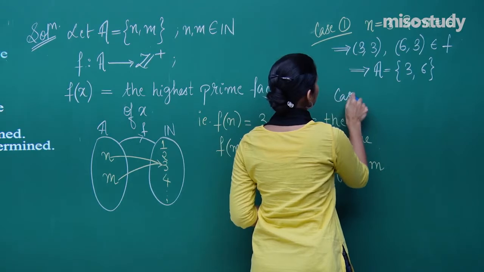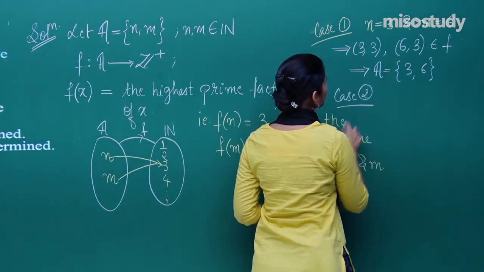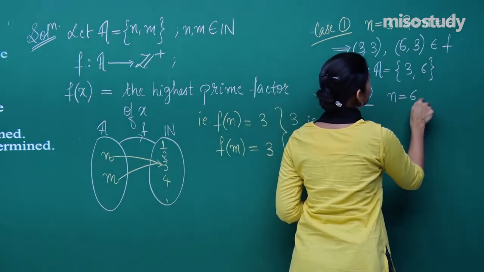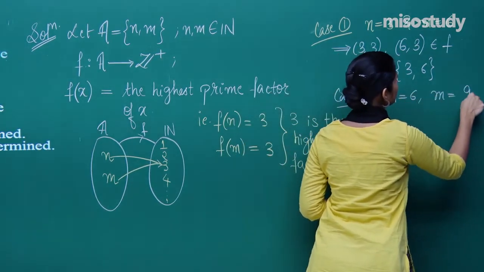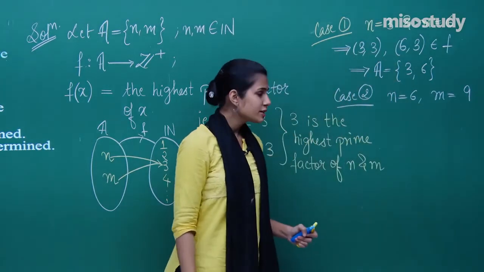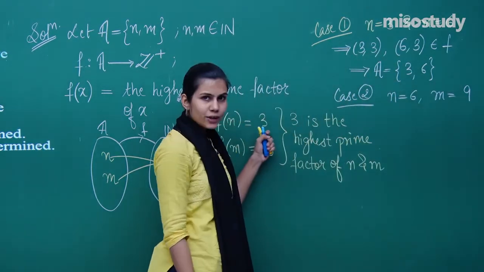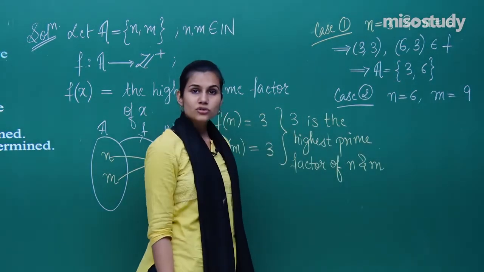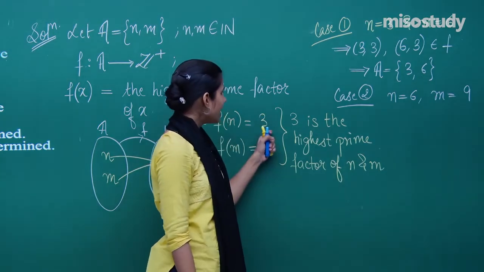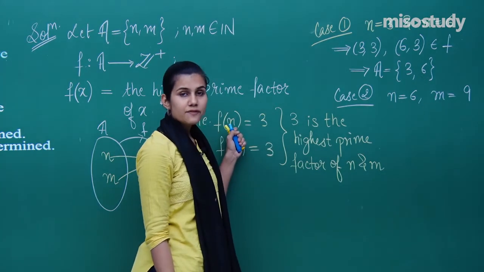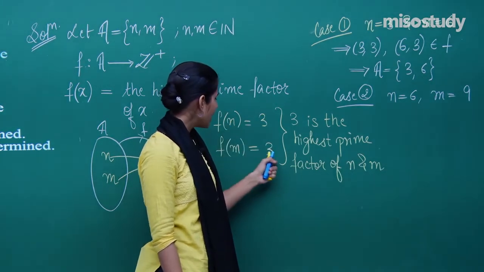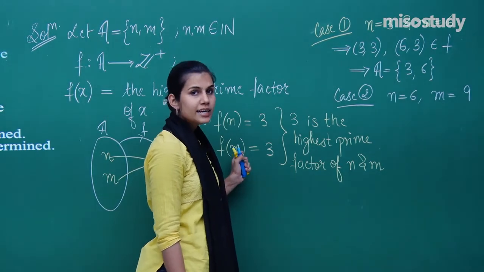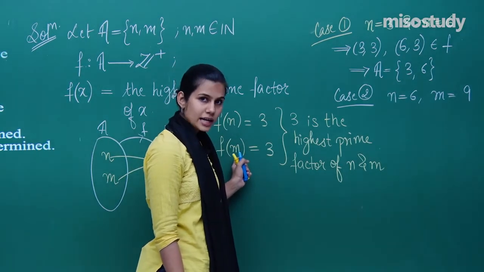Suppose I take case 2 in which I take n equals 6 and m equals 9. In this case also I can get f of n equals 3 and f of m equals 3. Because 3 is the highest prime factor of 6 if I take n equals 6, and 3 is the highest prime factor of 9 if I take m equals 9.